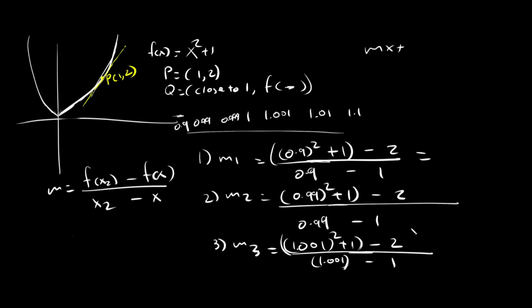Alright, so this is how we're going to find our slope to approximate our tangent line. Take your calculator and calculate it. The first one is 0.9 squared plus 1 minus 2, over 0.9 minus 1, and what we get here is 1.9.